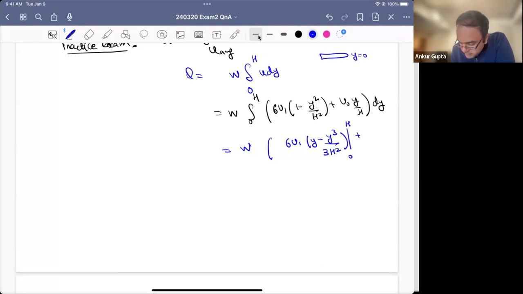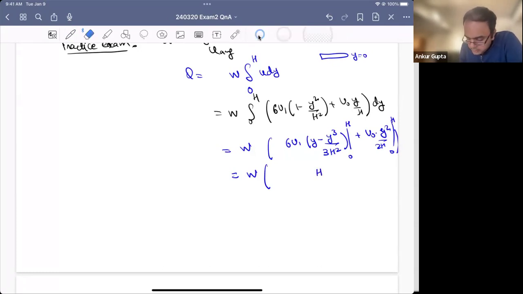And then we have u naught into y square by 2h, going from 0 to h. So this is my integration, and I'm putting the limits. And now I have width w.